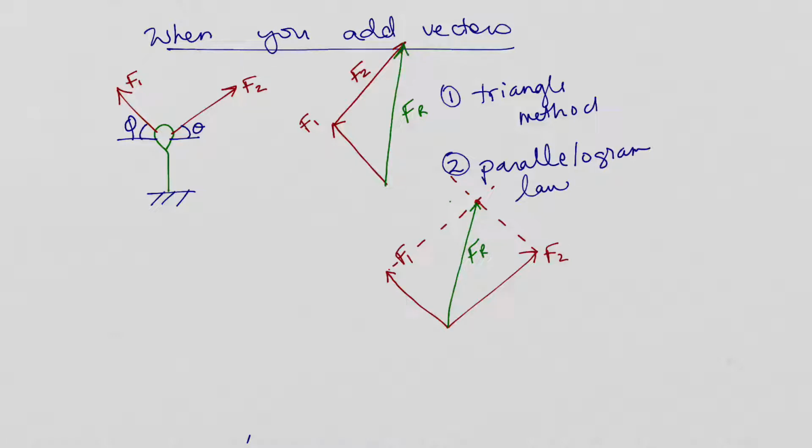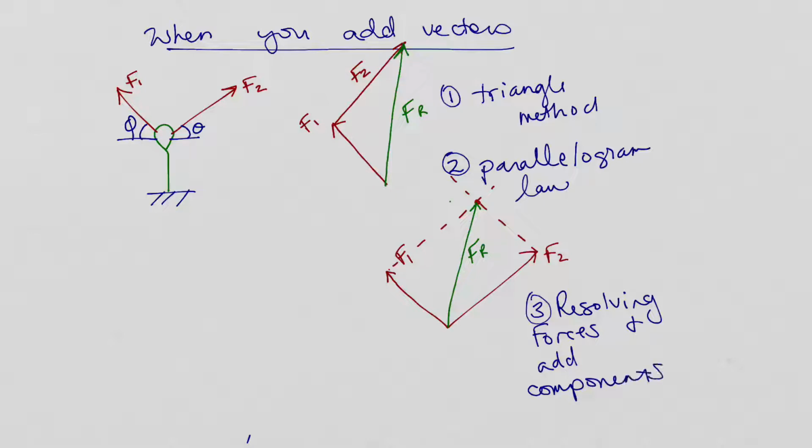The third way is resolving forces. We can resolve each of the forces and then add the components. And this can be super helpful when we have more than two forces, and it's also super helpful when we're dealing with stuff in 3D.